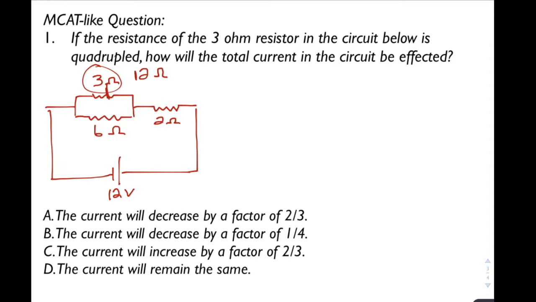To find the equivalent resistance first, we need to break it down and solve for its parts. I like to solve for parallel circuits first. So now I'm going to solve for the equivalent resistance of this parallel circuit using 3 ohms and 6 ohms. I know the equation is R1 times R2 over R1 plus R2.